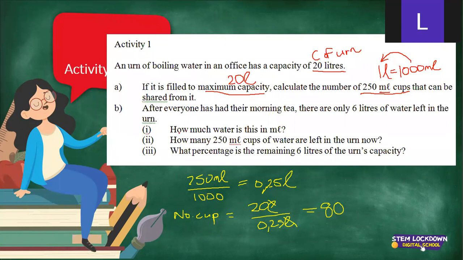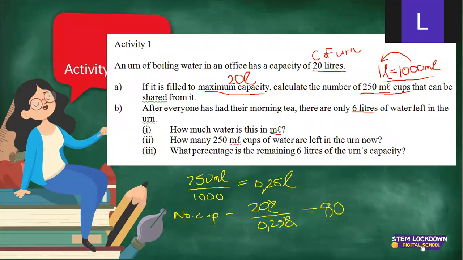Now they ask how much water is this in milliliters? Remember, we're starting off easy. I want to know how much is 6 liters in terms of milliliters. Here's a clue. You're using this conversion: 1 liter is 1,000 milliliters. Here we're just revising conversions.